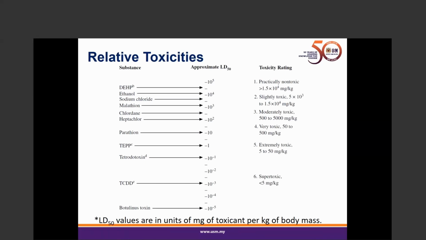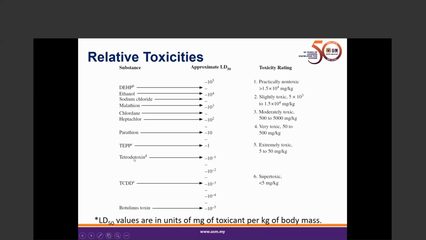It's relatively safe because mammals can hydrolyze the molecules to safe materials, but insects cannot. And then parathion, although it's effective, is a highly toxic organophosphate insecticide. It is now banned because of its toxic effect.